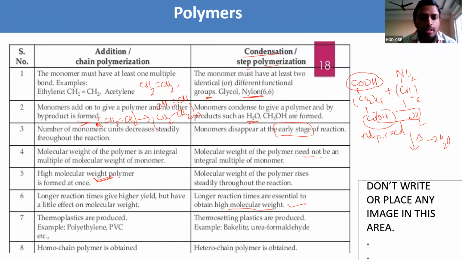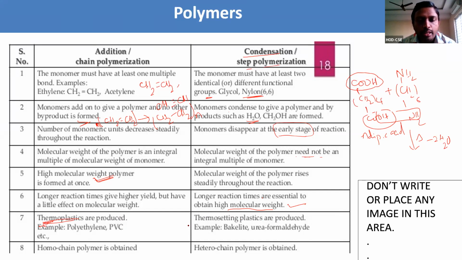Thermoplastic resins are produced by addition polymerization. Thermosetting plastics are produced by condensation or step polymerization.